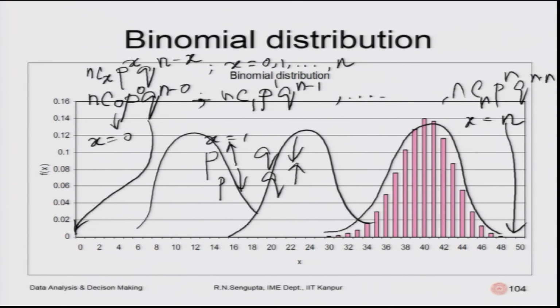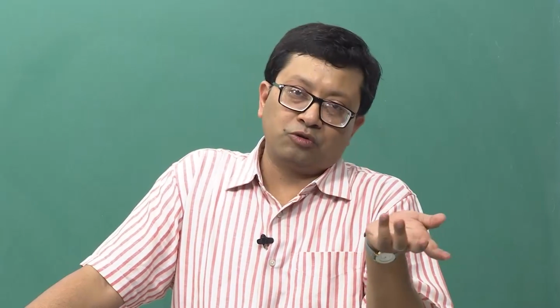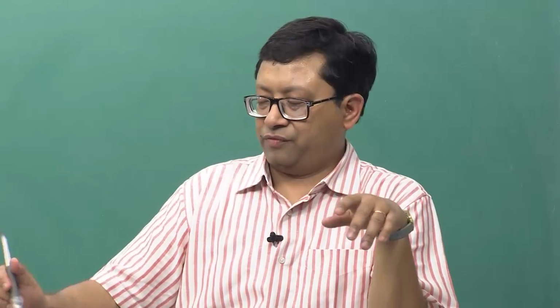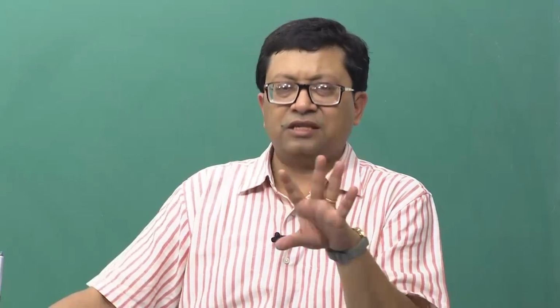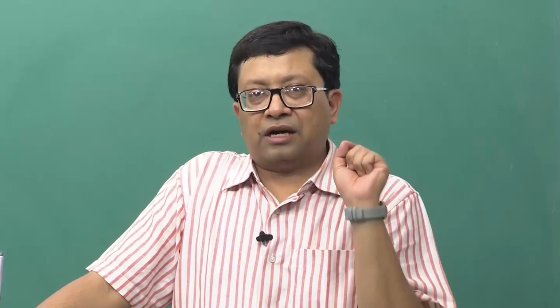How you plot it depends on the values of p and q, keeping n fixed. If p is very small, q would be very large, almost equal to 1; p would be almost 0, or p is 0.5, q is 0.5, or p is very large, almost equal to 1, q would be almost equal to 0. It is very easy if you draw it and understand it accordingly.